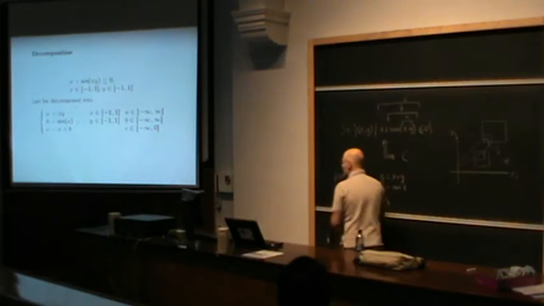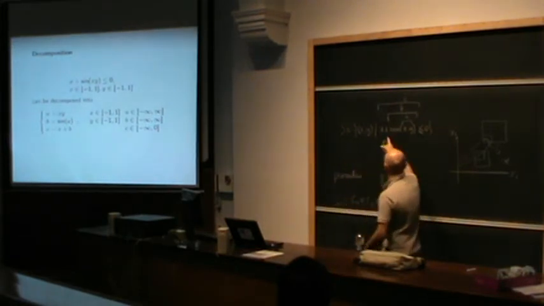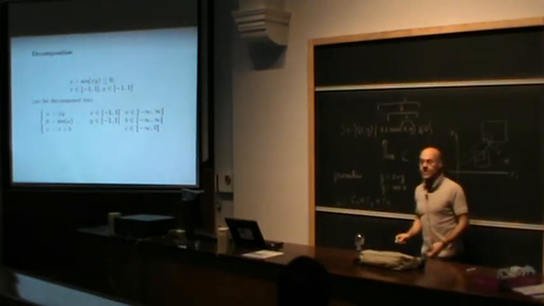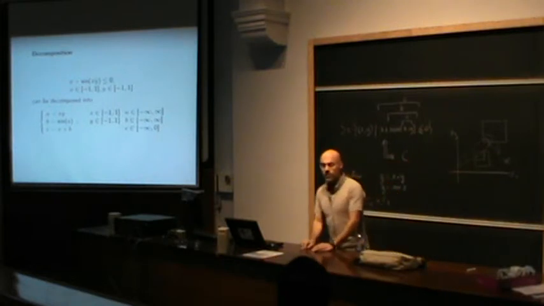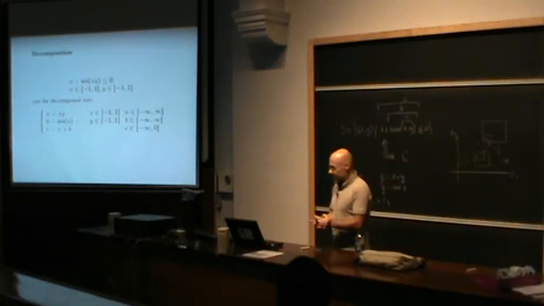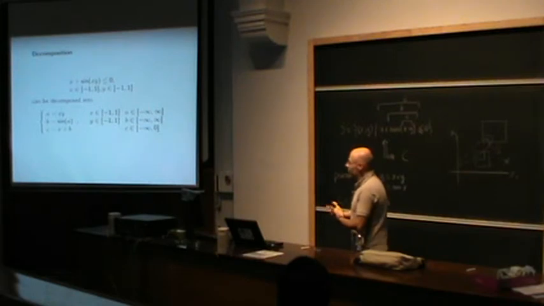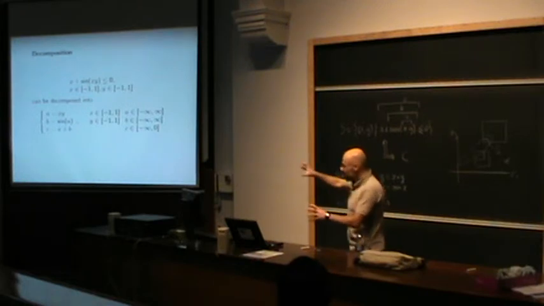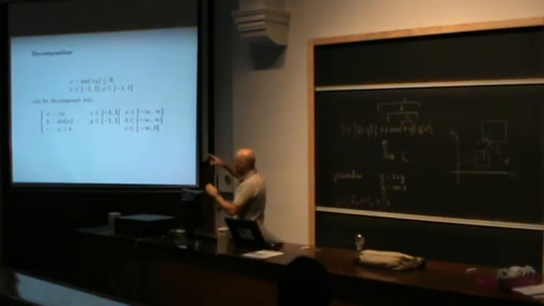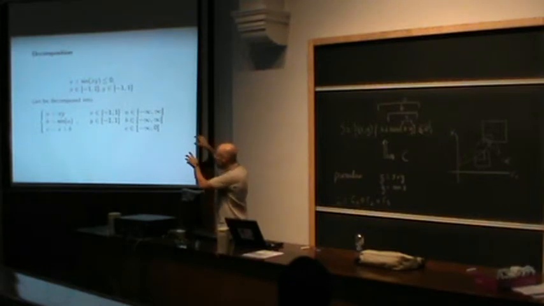This contractor will make it possible to contract this complex constraint. You understand? What I want to say is that if you have a complex equation, it will be easy to build a contractor for it by decomposition.